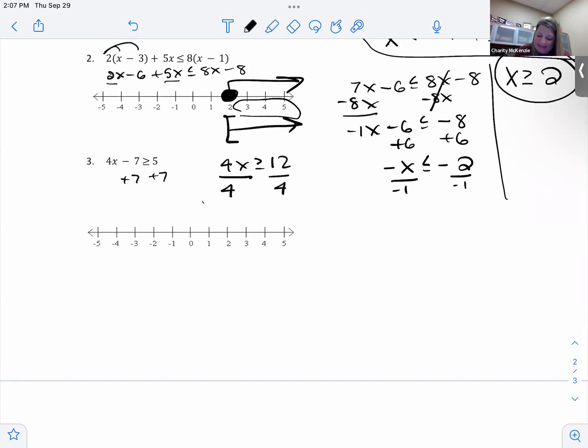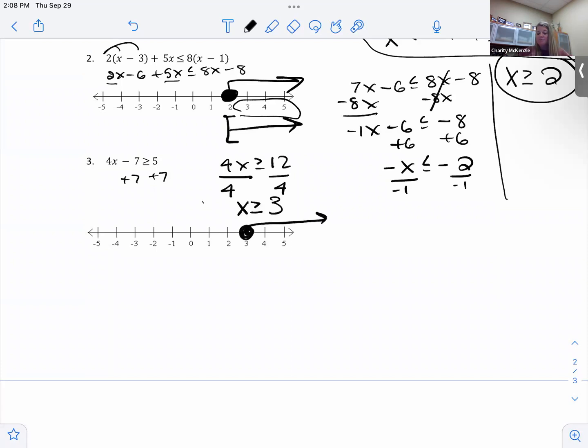I was doing the next step in my brain. So I would have x is greater than or equal to 3. Okay, so x is greater than or equal to 3. So then from here, I'm going to go to the 3 and I'm going to do a closed dot and greater.